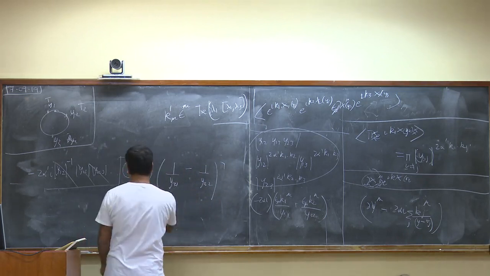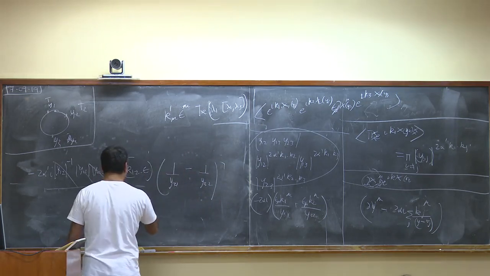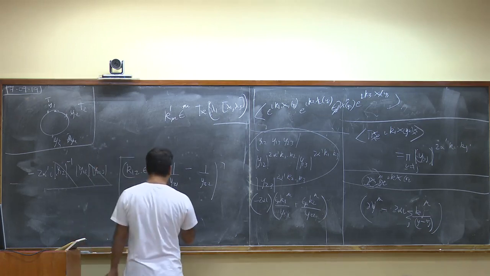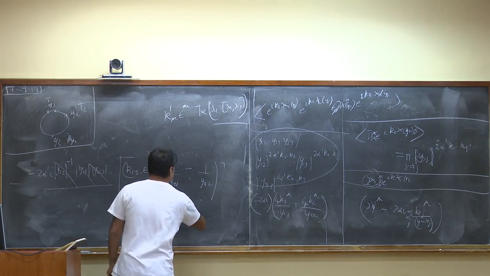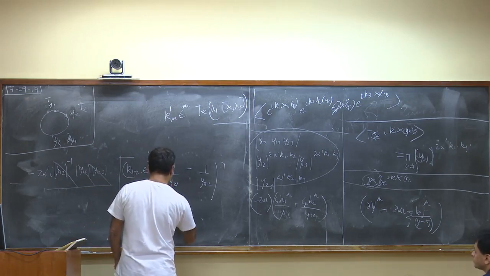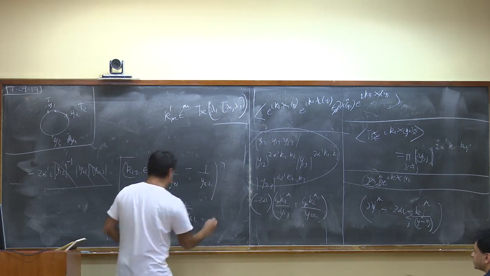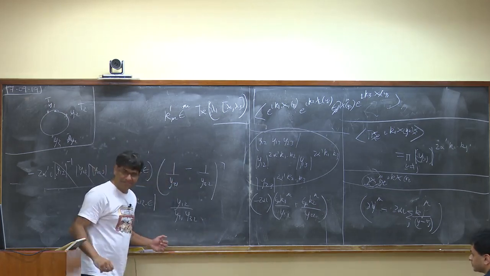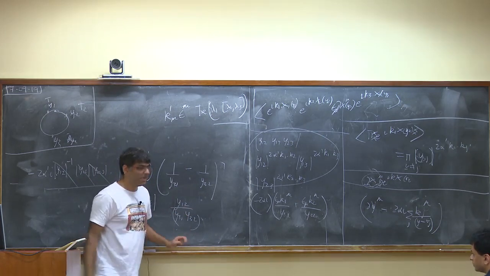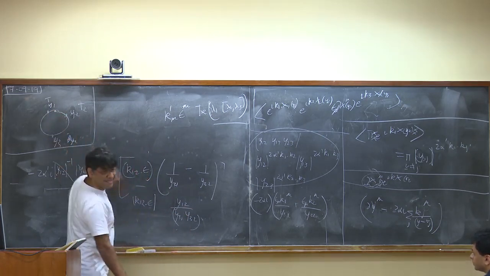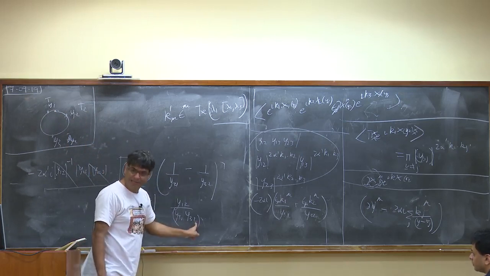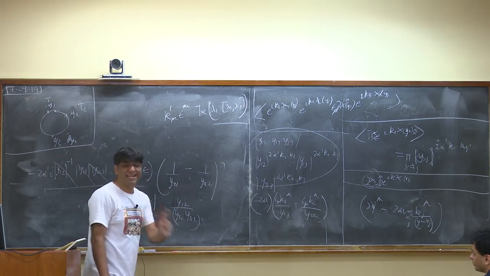The important thing is now we do this carefully. This is k1 2 dot epsilon, and then we get 1 over y 1 2 times 1 over y 3 1 minus 1 over y 3 2. Now this is what you were saying. This term is symmetric under interchange of 1 and 2, so we go from one ordering to the other by interchanging 1 and 2. But this term is antisymmetric.